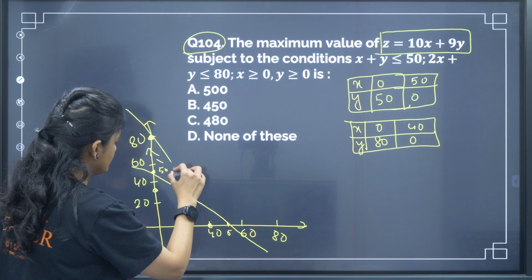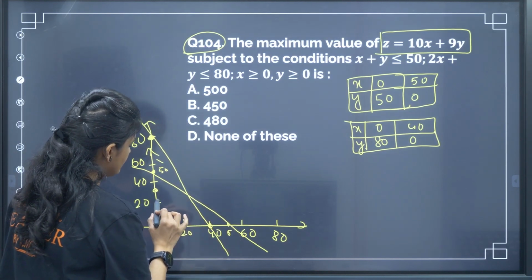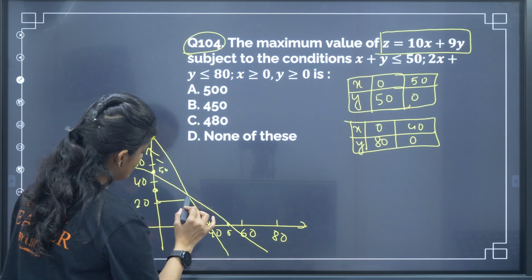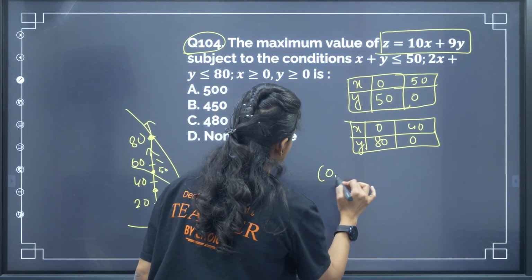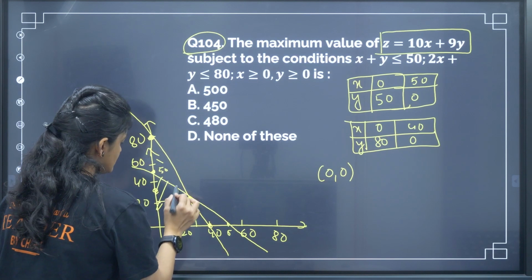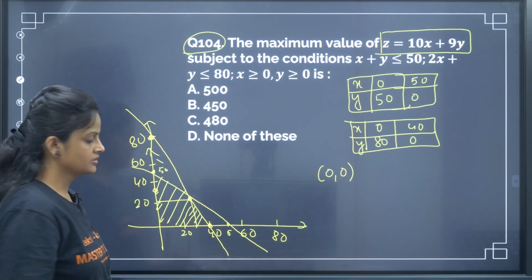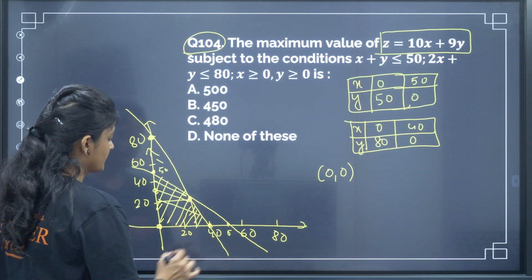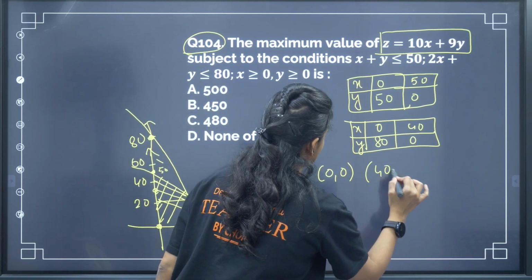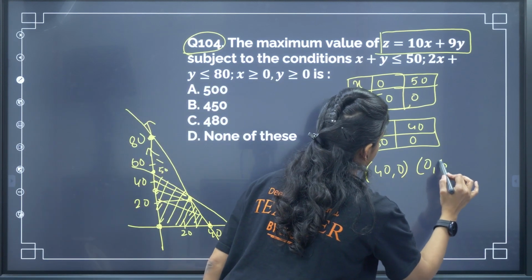One more line like this. Okay. If I see this around, I am getting the corner points. One is origin. This is your region, right? This will be your solution region. So see the corner points. One is origin. Other one is 40 comma 0. The third one is 0 comma 50.